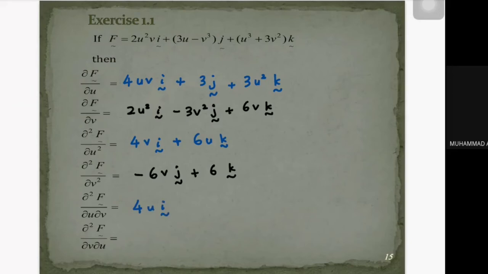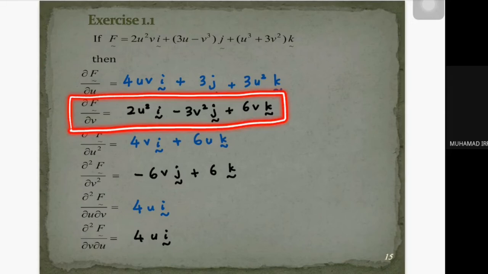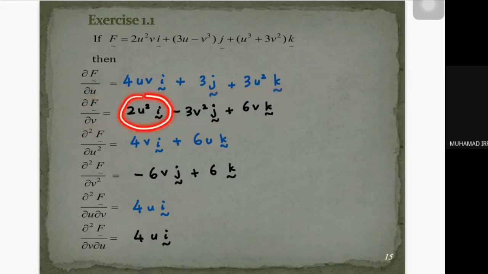And then del square f over del v del u is also 4u i. The last one, we differentiate this with respect to u. So only this component has the u parameter, so no u, no u, so it will be 0, 0. So this will become 4u i. So that's how you get this 4u i.